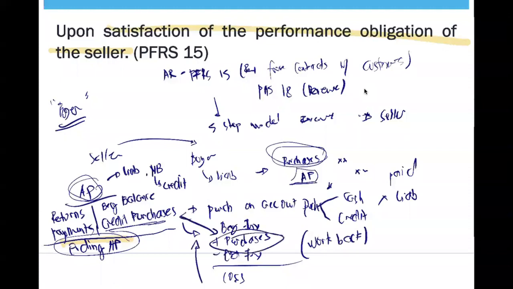So if ever the question asks you about your ending accounts payable, this is the relation that you need to look at. What is that relation? The relation of your credit purchase to your accounts payable. So where will you look into your credit purchase? Based on your cost of goods sold.